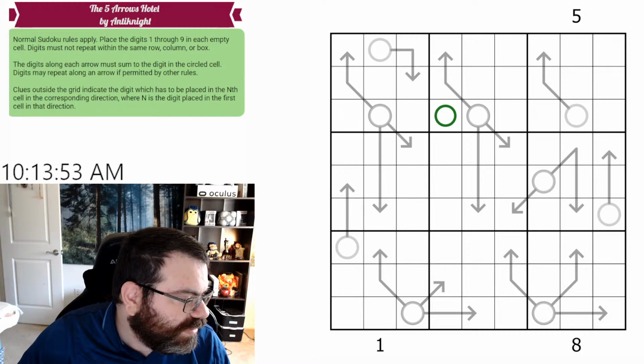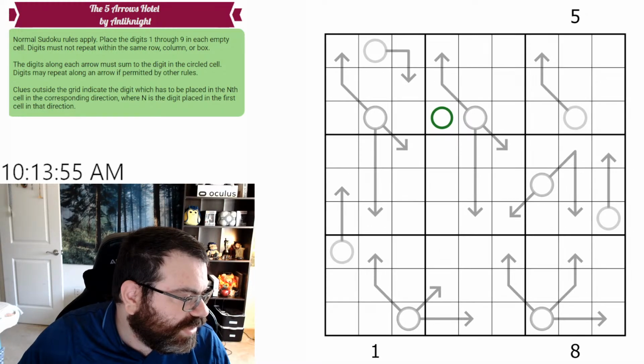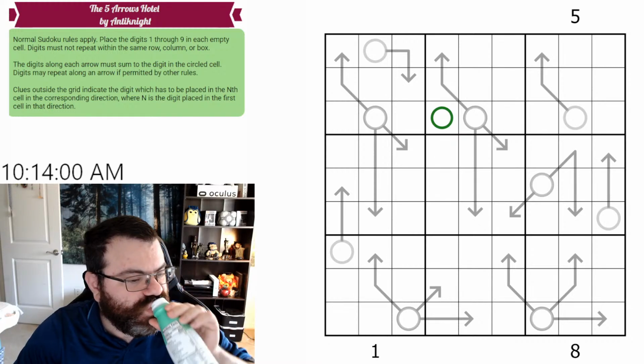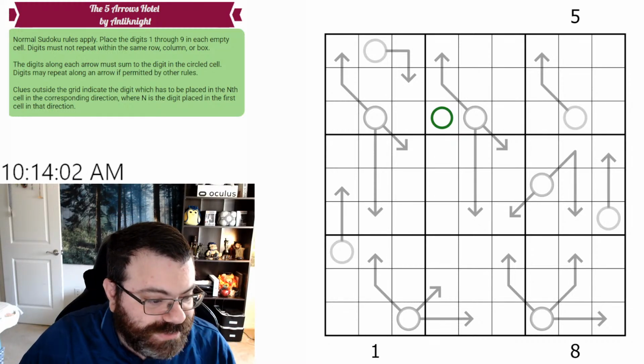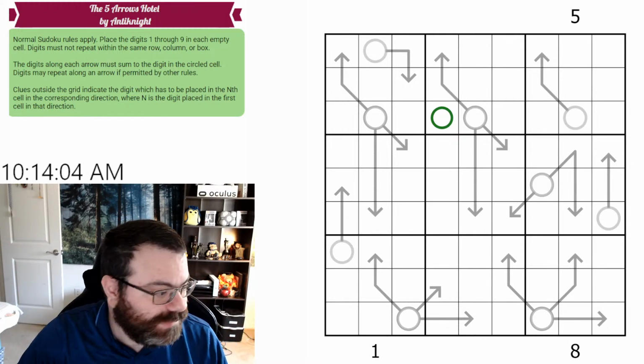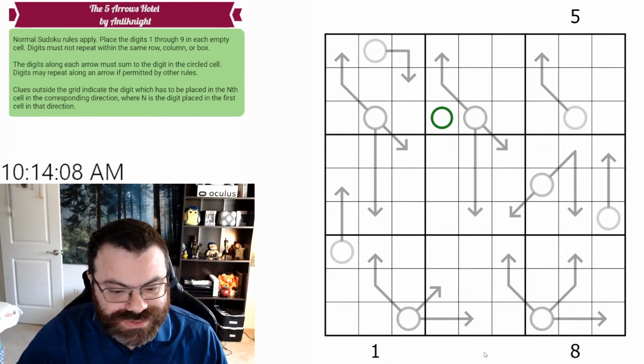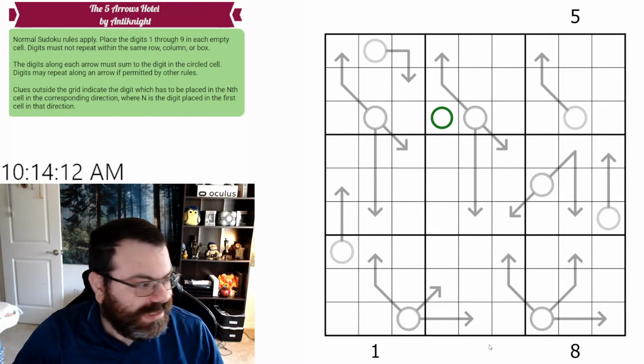It's a little bit bigger. Okay. Alrighty. Yes, the puzzle would be much harder for you guys if you couldn't see half the clues.